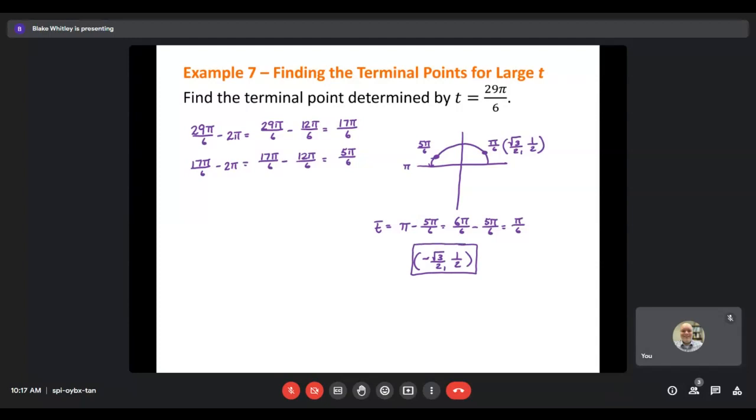So our terminal point at 29 pi over 6 is negative square root of 3 over 2, 1/2. And the steps are identical. The only difference now, if you have more than a full revolution, just make sure you subtract off 2 pi until you get down to something that's within 1 revolution. Locate where that is, find its reference number, find the ordered pair, adjust the signs based off your quadrant.